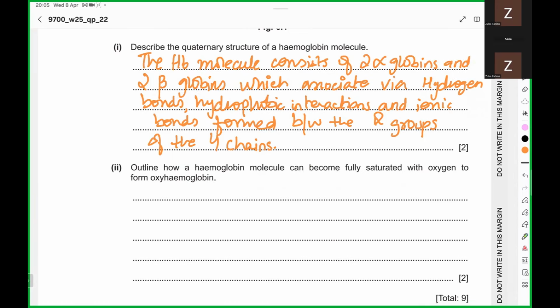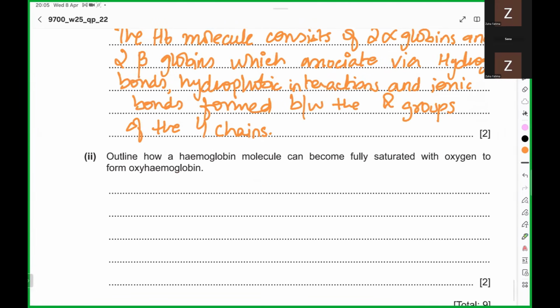So basically, a hemoglobin molecule has four heme groups. हमारे पास each heme group basically has an iron ion in the center. One oxygen molecule can bind to one iron ion. So a total of four oxygen molecules binding to the iron ion forms the oxyhemoglobin.